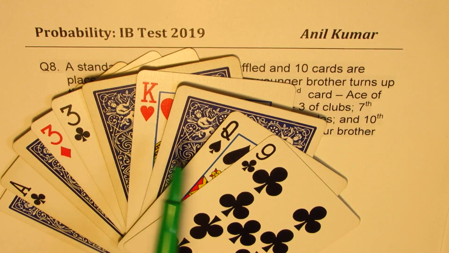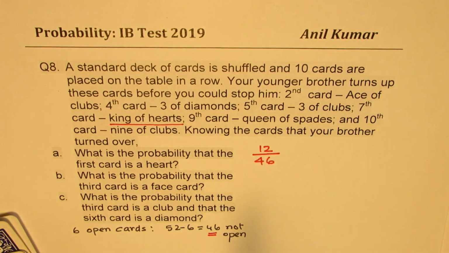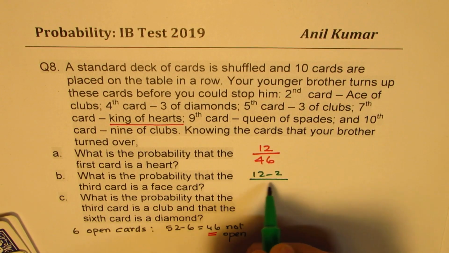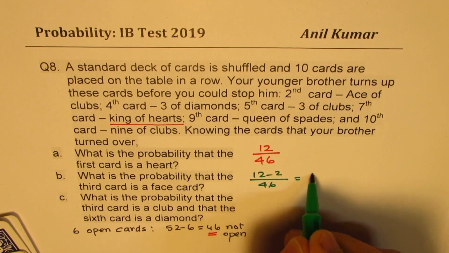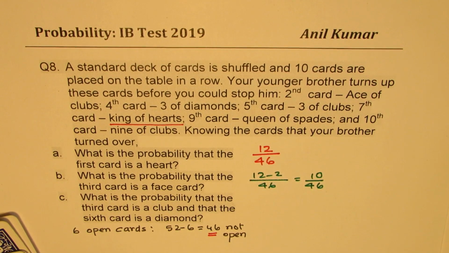So we have 2 of them already here. So 12 minus 2 is 10, right? So we have 12 minus 2, which is 10, divided by 46. So that gives us 10 over 46 as our result. Okay? We will simplify them later to the lowest terms. First, let's get the answers.